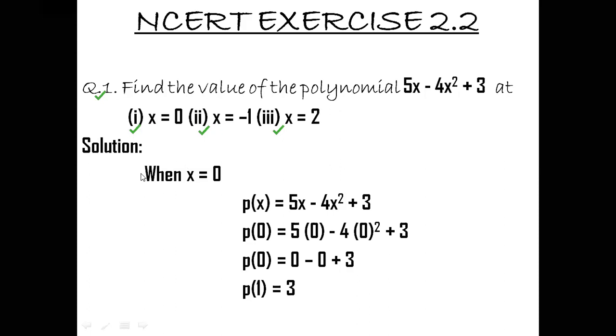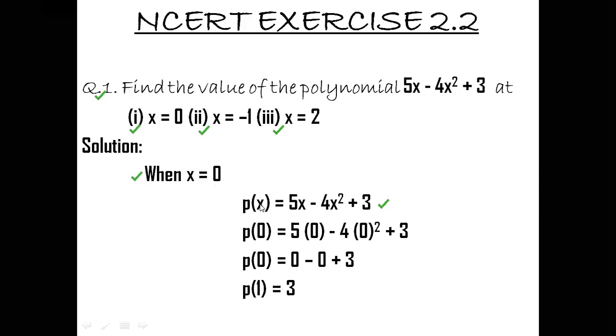Let's start with when x is equal to 0. So our question is p of x, that is polynomial of x, is equal to 5x minus 4x square plus 3. That's the question. Now, what is the value of x to be put over here? X has to be equal to 0.